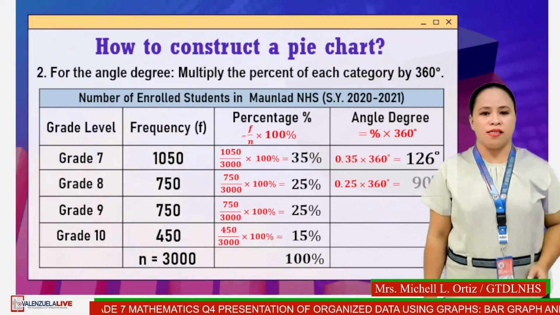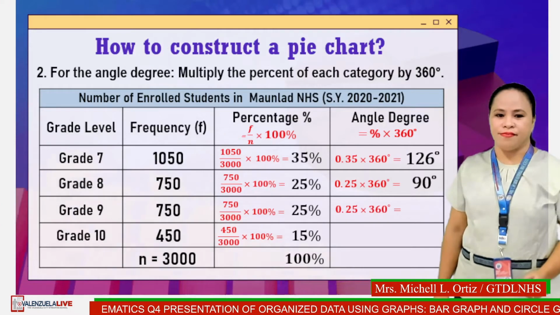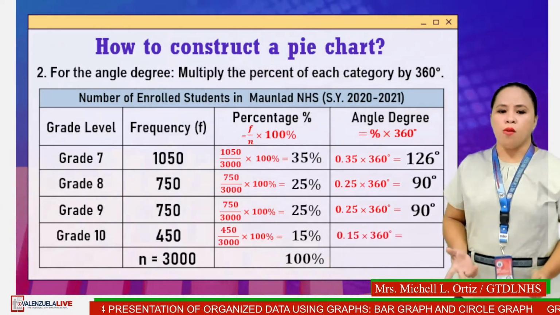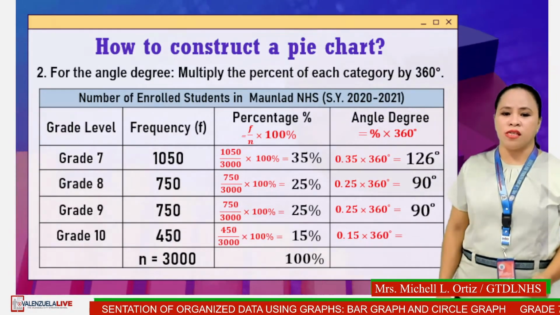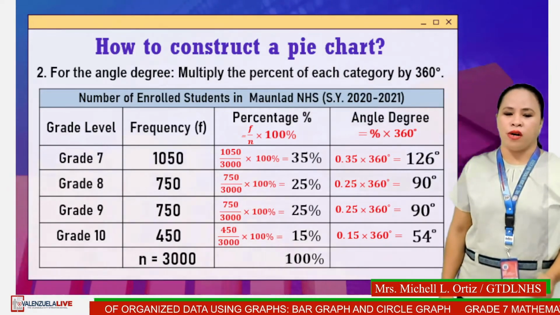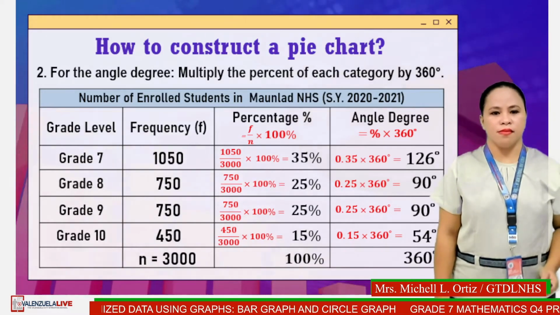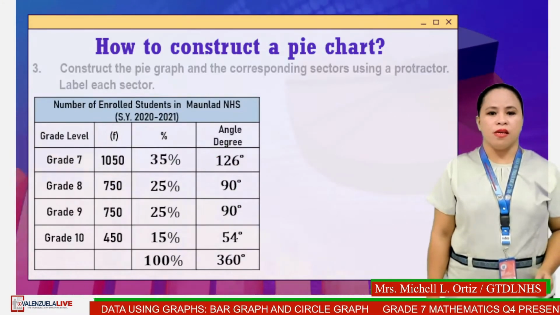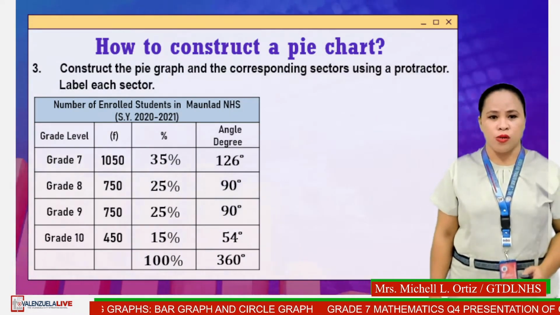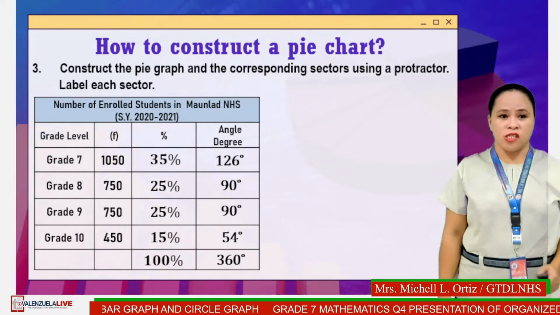The result is 90 degrees. Do the same with grade 9. And for grade 10, multiply 15% or 0.15 by 360 degrees to get 54 degrees. And the last step, construct the pie chart and the corresponding sector or slice using a protractor. Label each sector.